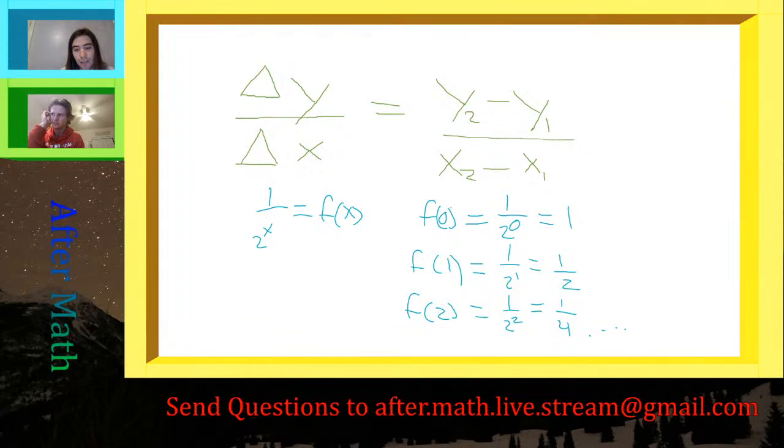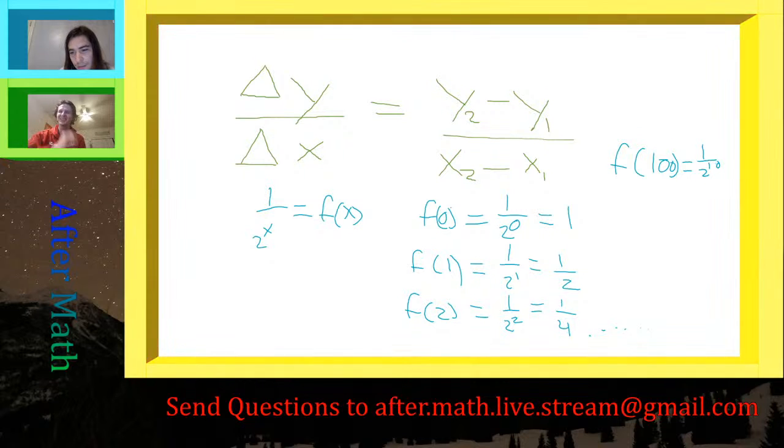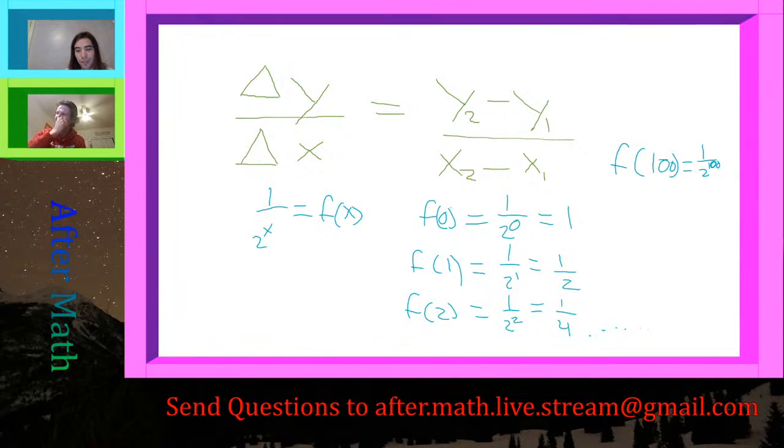And so let's plug in some huge number. If we plug in f of 100, that's 1 over 2 to the 100, and I have no idea what that is, but that number is going to be very, very small.